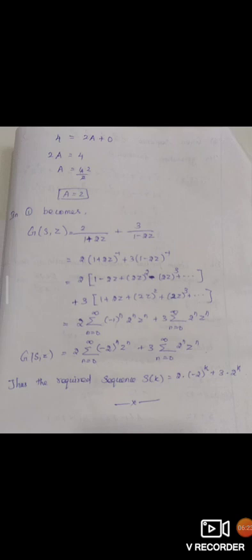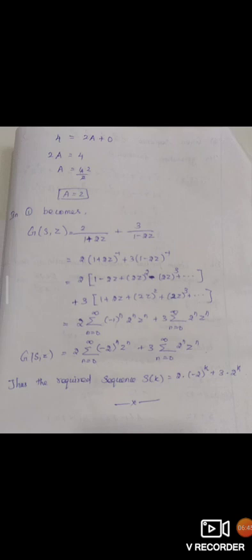plus 3 into (1 - x)^-1. The formula is 1 + x + x^2 + x^3 + etc. So you put 3 into (1 + 2z + (2z)^2 + (2z)^3 + etc.). Next you have to write in the general form.